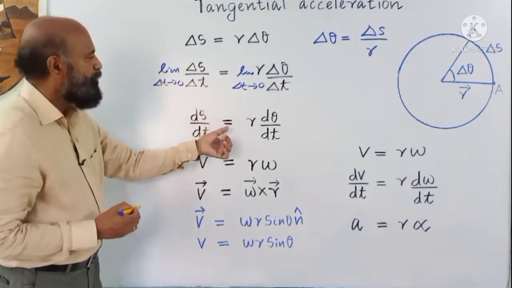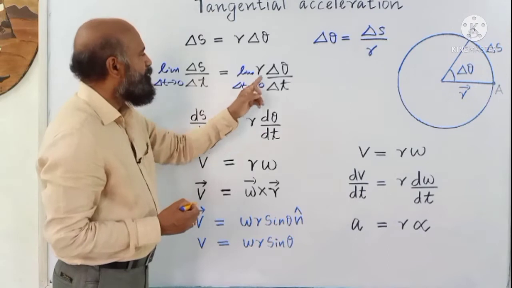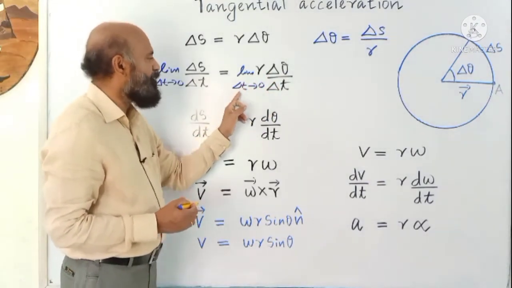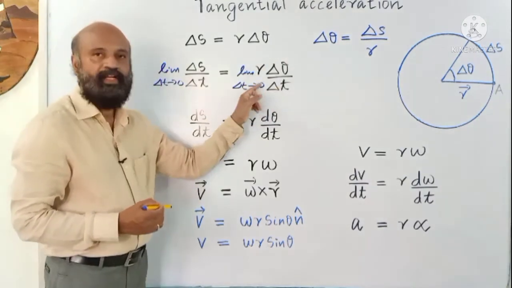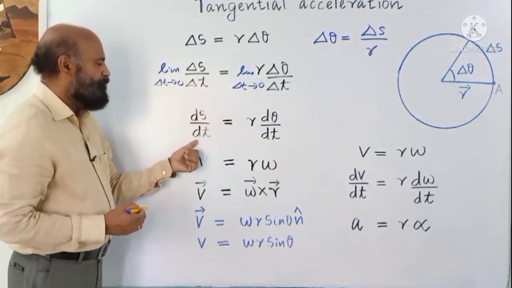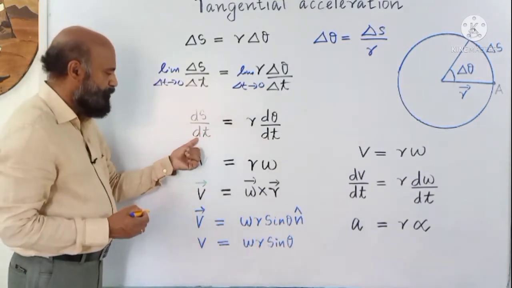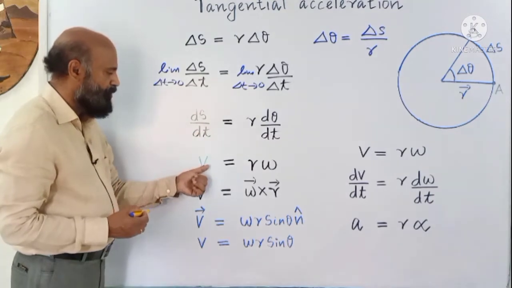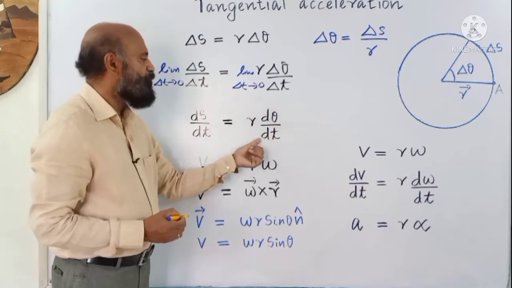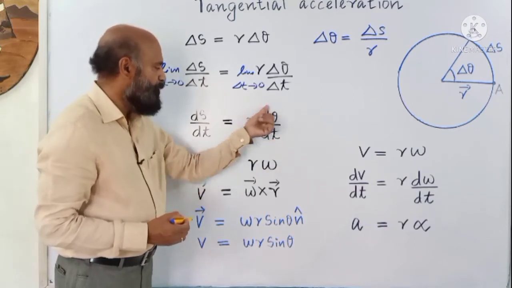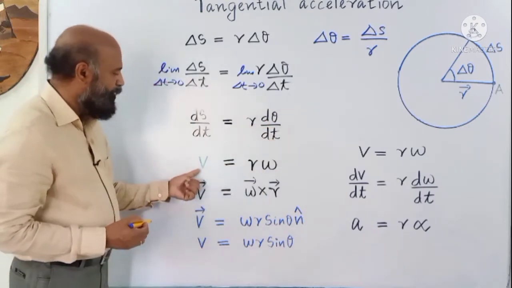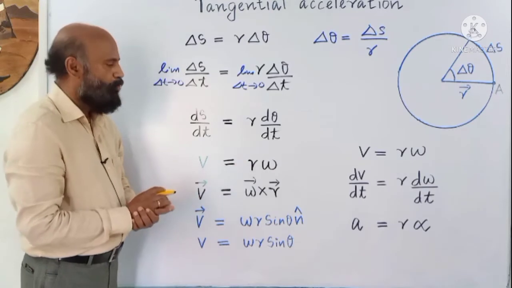Then R delta theta by delta t, when delta t approaches 0, delta theta by delta t is d theta by dt. ds by dt, the rate of change of displacement, that is linear velocity, is equal to R times the rate of change of angular displacement, d theta by dt, that is omega. So you are getting an expression V is equal to R omega.